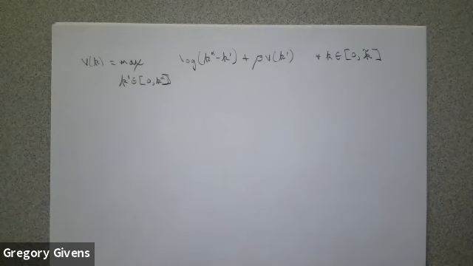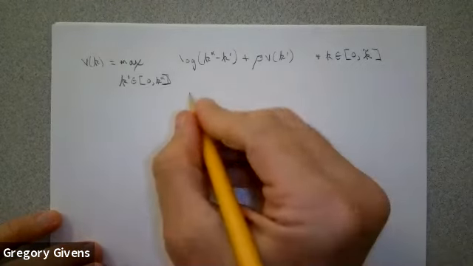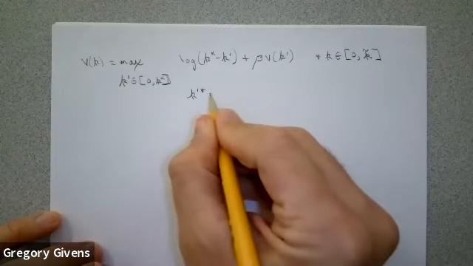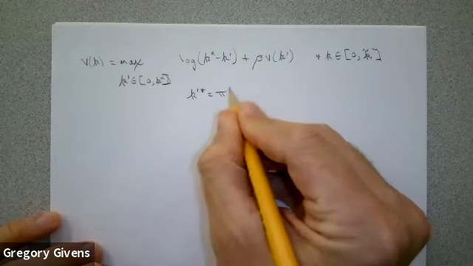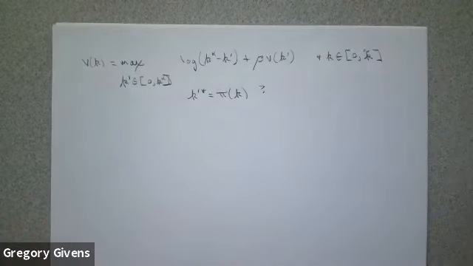Now, what we want to do is derive the analytic solution for the policy function. So we want to find the optimal value of k prime, which can be represented as some time invariant policy function of the state.